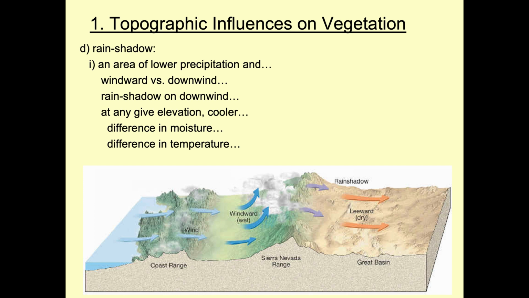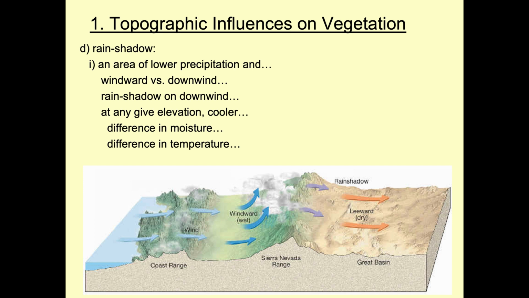Remember, as a parcel of air is moving up in elevation, there is less pressure and its temperature goes down, and as its temperature goes down, it is more likely to condense. And when that happens, water vapor turns into liquid water, and then you get precipitation. So you get a lot of precipitation on one side, that windward side.